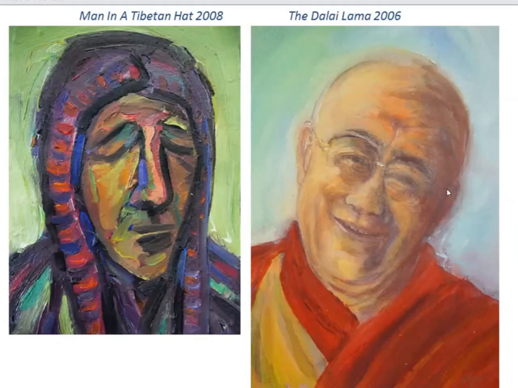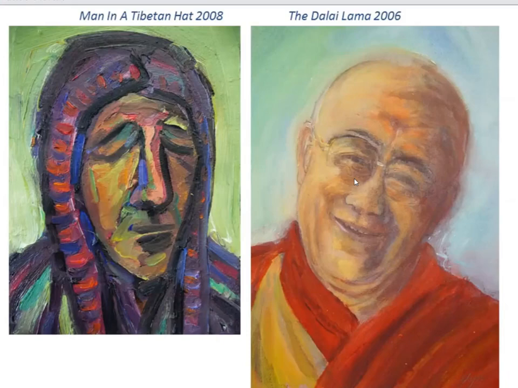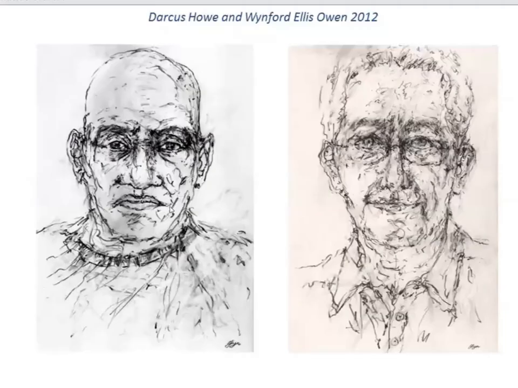So you get this cyclical dialogue going on. You can come to a portrait from two quite poles apart aspects in that respect. The Dalai Lama was an image that I was fascinated by, philosophy and everything else, for many, many years, and that became an iconic image of him.